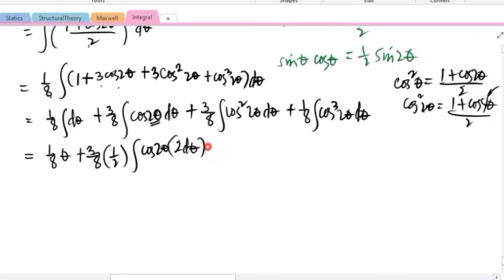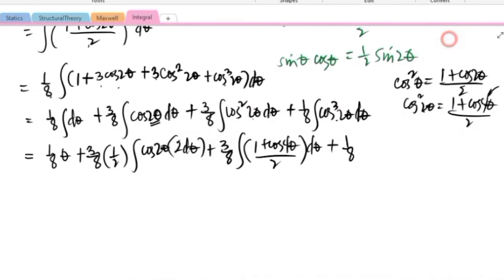And that would be plus 3/8 integral of 1 plus cosine 4 theta over 2 d theta plus 1/8. Ito ay cube, so therefore this would fall sa ating type 1.